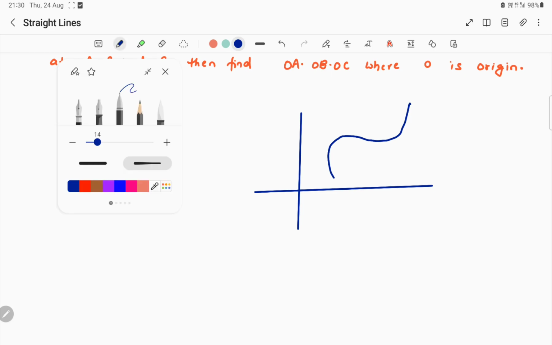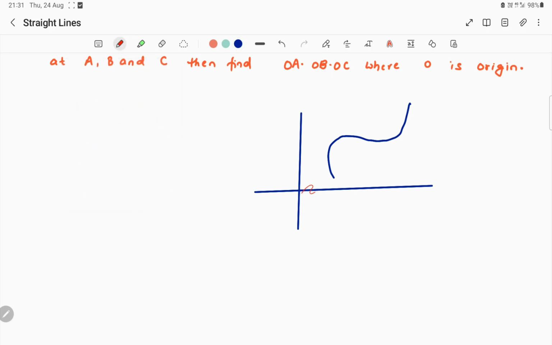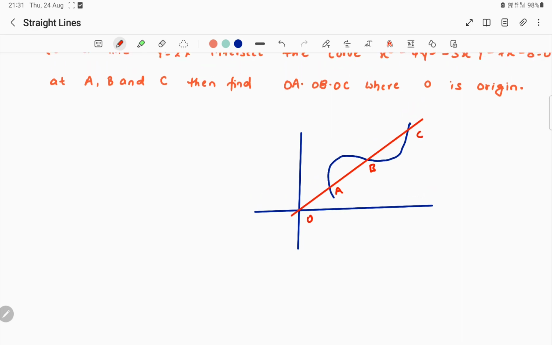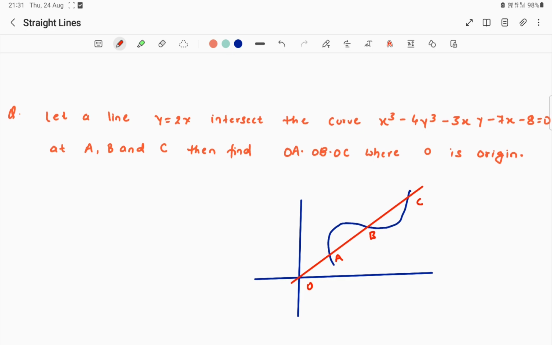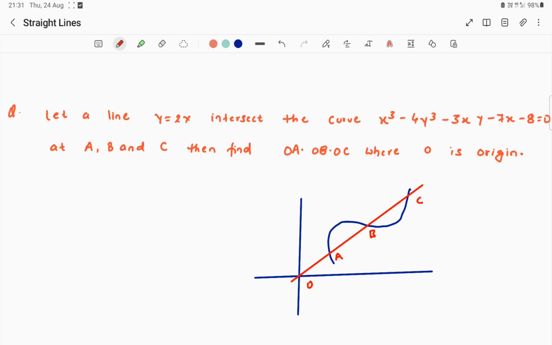Okay, and now when I'm drawing this line y equal to 2x, which obviously will pass through the origin, let's say this is the line. So let's say this is the point of intersection A, this is the point of intersection B, this is the point of intersection C, and this is O. So the question is, find OA, OB and OC.